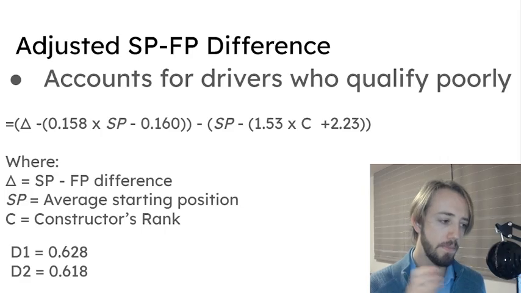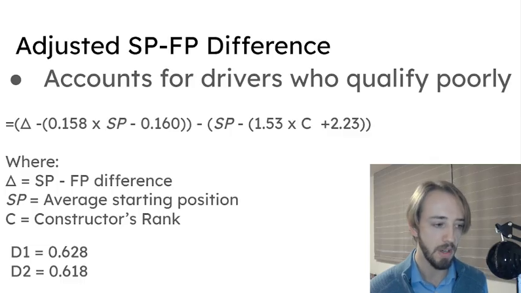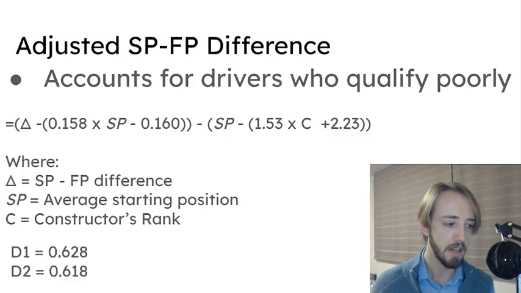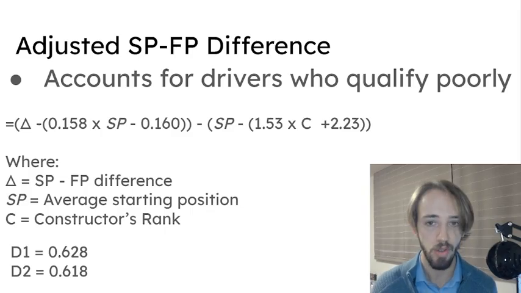So in this equation, you basically take the delta minus 0.158 times SP minus 0.16, minus the other line of best fit, which is 1.53 times C plus 2.23, where delta is the standard starting position, finishing position difference, SP is the average starting position for that driver, and C is the constructor's rank.